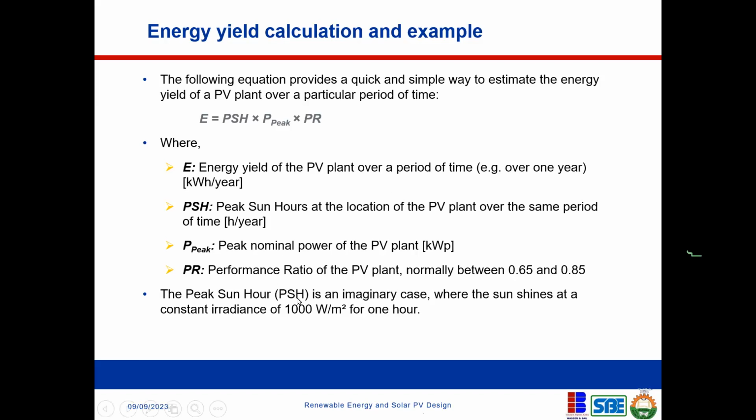So if you look at the entire time that the sun is out, you might have like 10 hours. But if you compress that 10 hours, assume that the sun comes out and it's hitting 1,000 watts per meter square, if you can compress that 10 hours to just about 4 hours. So the sun comes out and it maintains a constant 1,000 watts per meter square for only 4 hours.